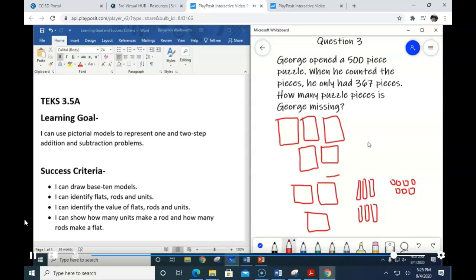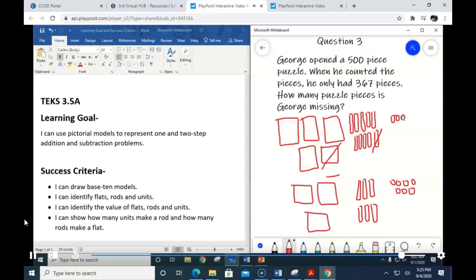So now I have to regroup from the next number over, which is the hundreds place, right? The next place value over. So I'm going to have to take a flat to make 10 rods. 2, 3, 4, 5, 6, 7, 8, 9, 10. Okay, and now I can take one of these rods to make 10 units.